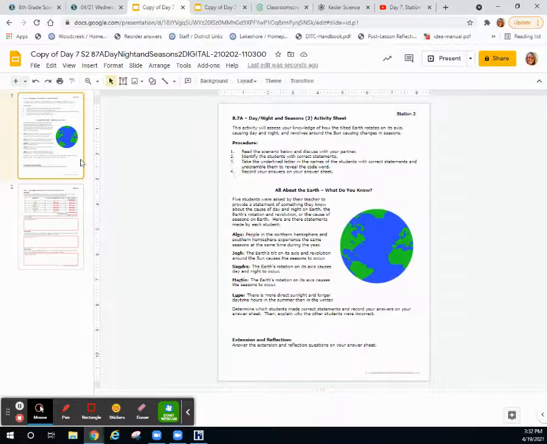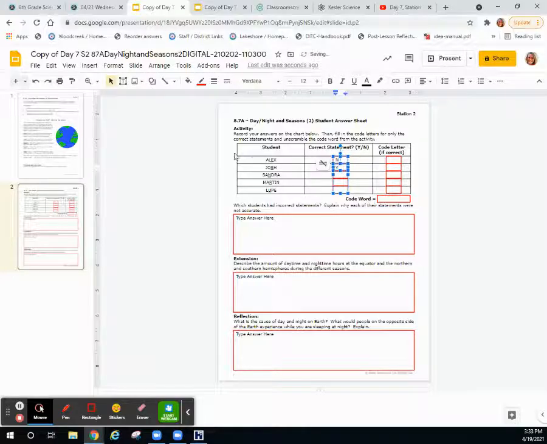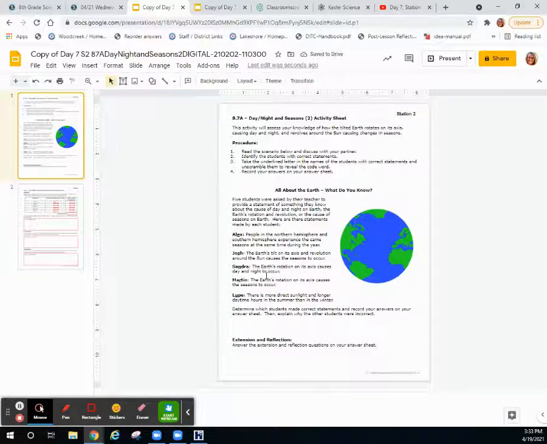Okay, so let's look at Josh. The Earth's tilt on its axis and revolution around the sun cause seasons to occur. This is correct. Earth's tilt and its revolution around the sun are why we have seasons. Okay? Sandra says the Earth's rotation and its axis cause day and night to occur.